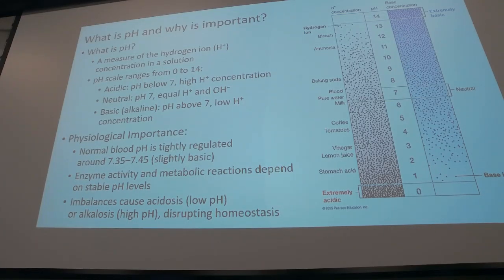When you have greater than 7.45, that leads to alkalosis. So in this case, the concentration of hydrogen ions, concentration is in brackets, is increased. And then in here, the concentration of hydrogen ions will be decreased.